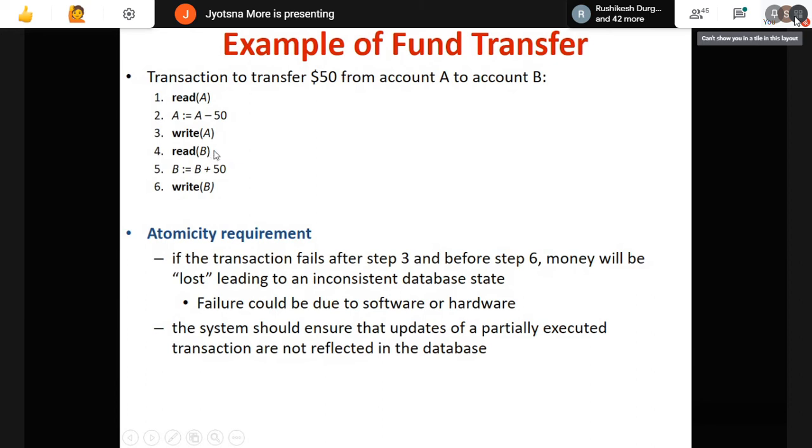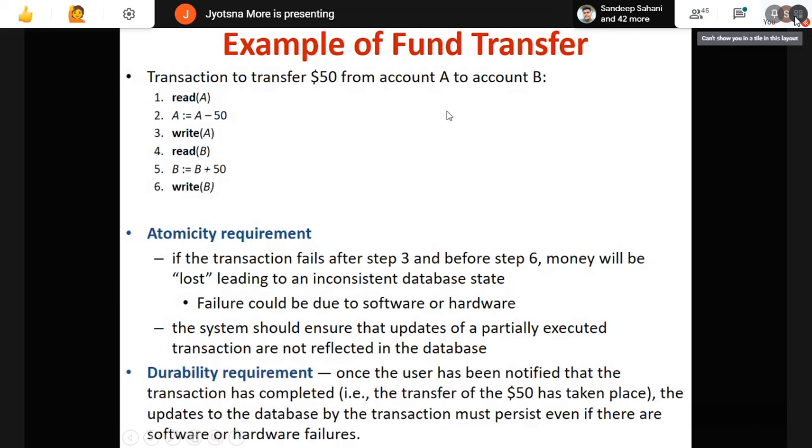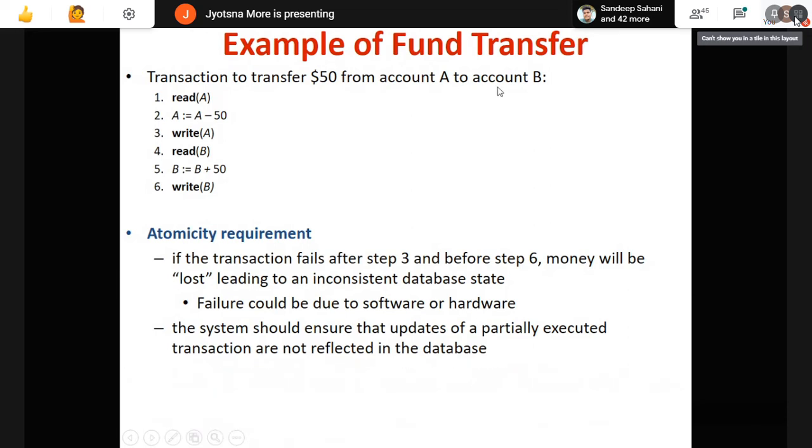So in the initial execution of the transaction, A plus B is 200 plus 200, that is 400. After executing this transaction, the value of A is 150 plus B value is 200, so here it is 350. So what happened?